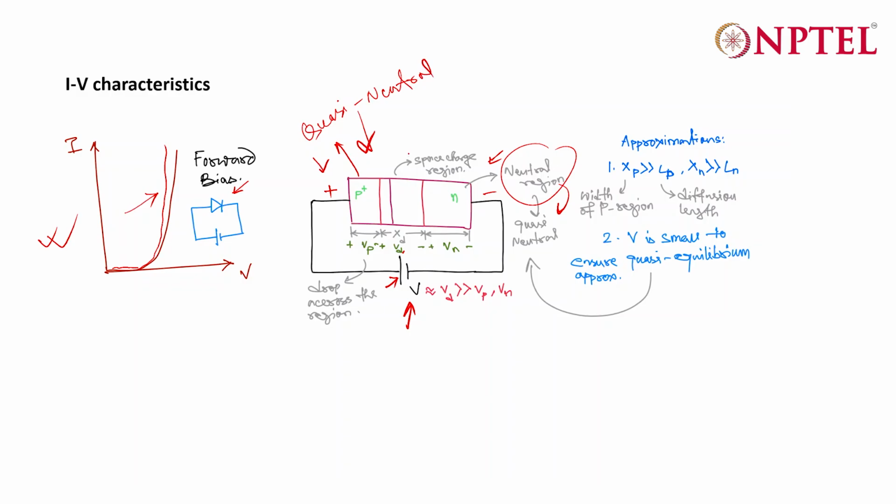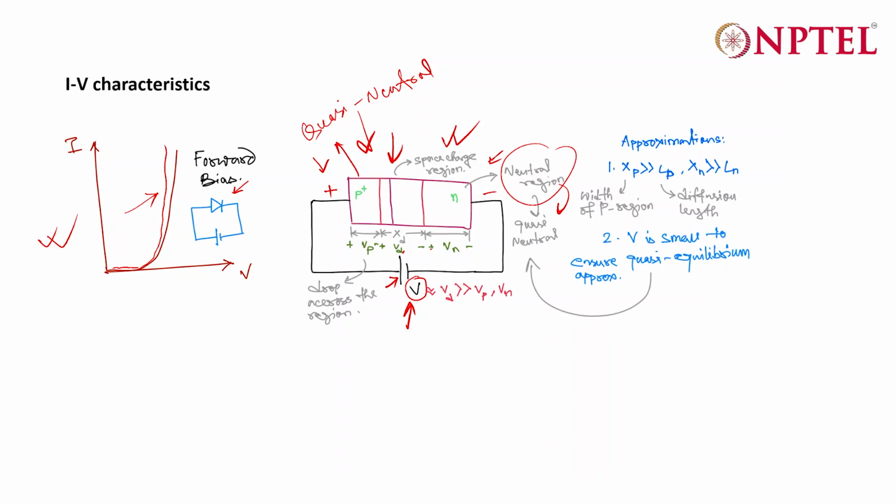And then you have the space charge region in the middle. Another approximation that we take is there is no voltage drop in the quasi-neutral region. So whatever you apply, this voltage will appear across the space charge region.